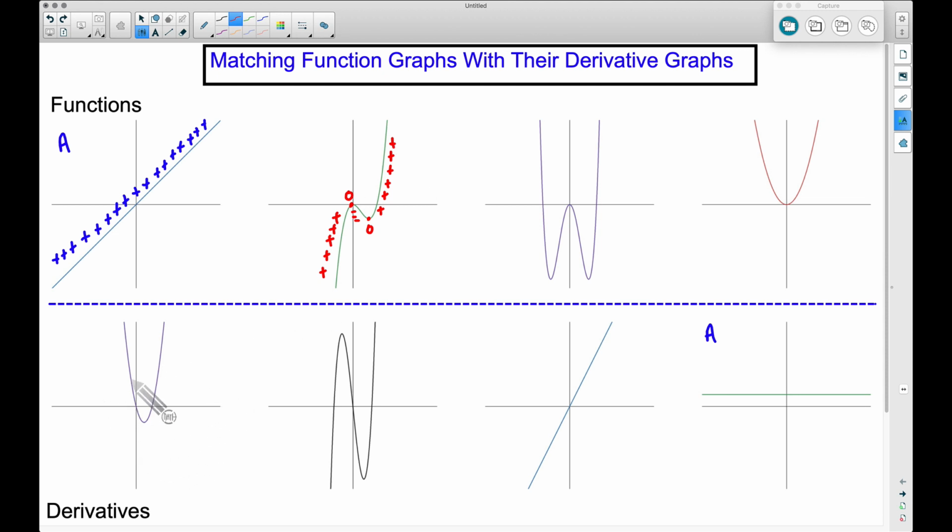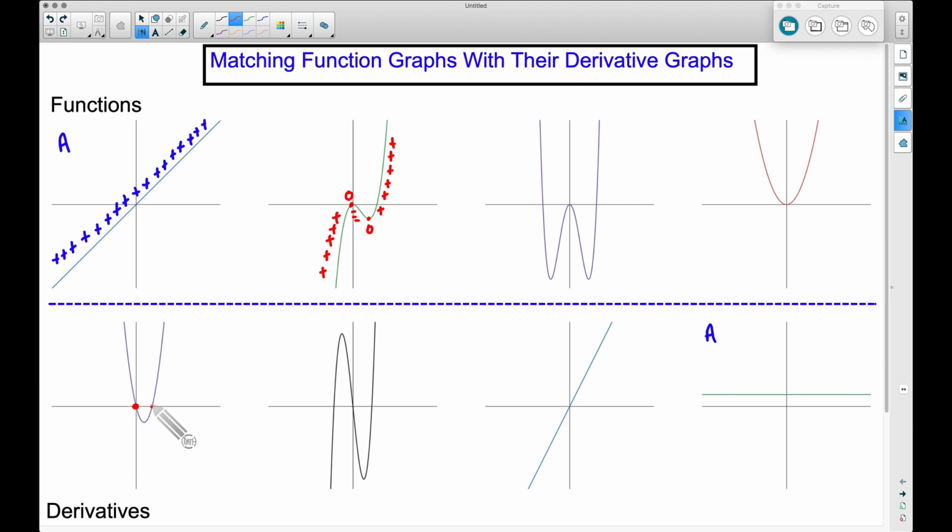Let's look at this graph right here. Notice, up until this point right here, all of these y values are positive. That corresponds to an increasing function. An increasing function will have positive y values for its derivative. Notice here our function is decreasing. Well, we are below the x-axis for all of these values.